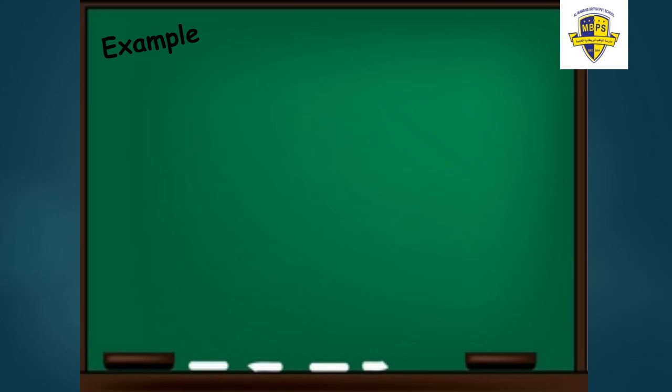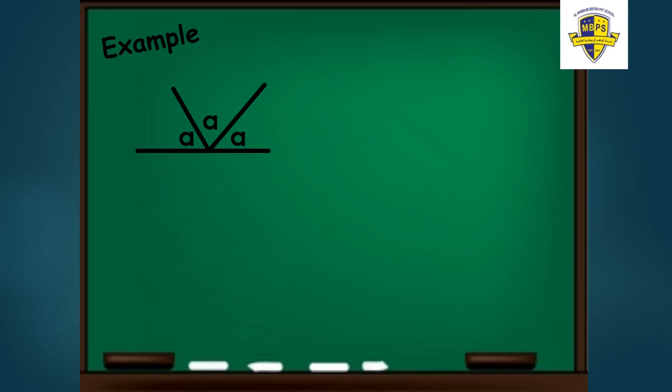More examples, and now this is your turn. The first example, we have this line, and this is a straight angle. We divide it into three angles, A, A, A. So what does this mean? This means that the three angles are equal.